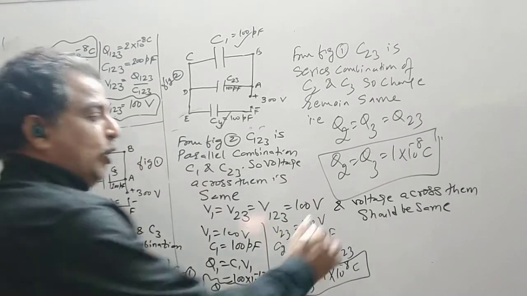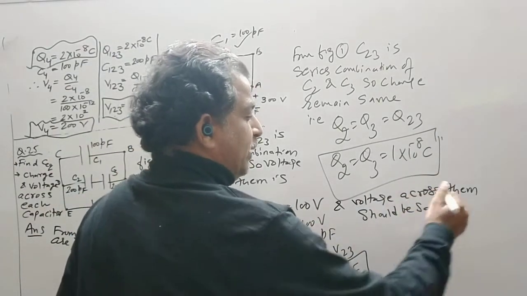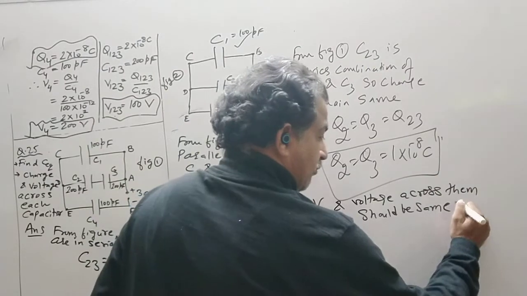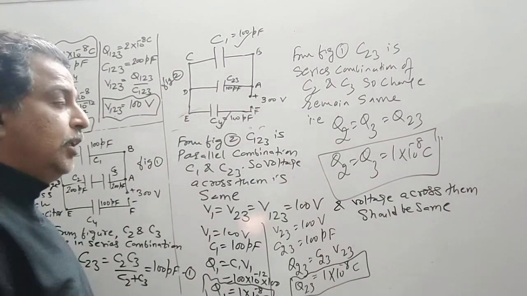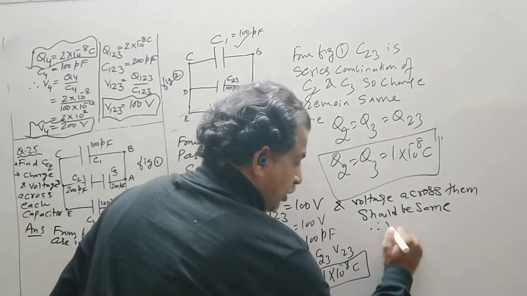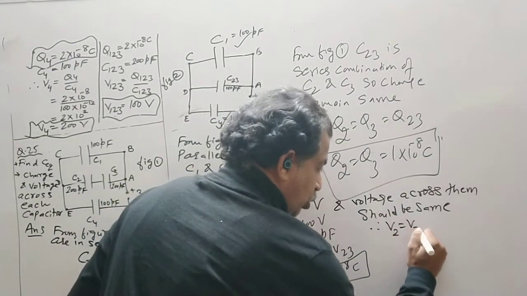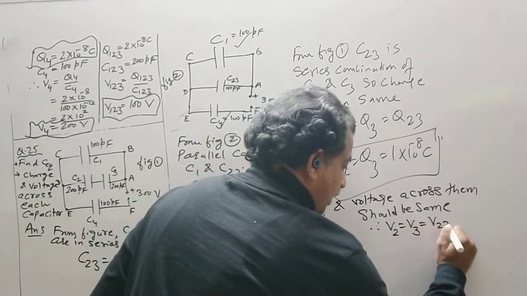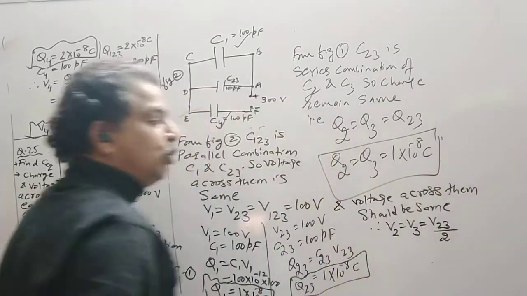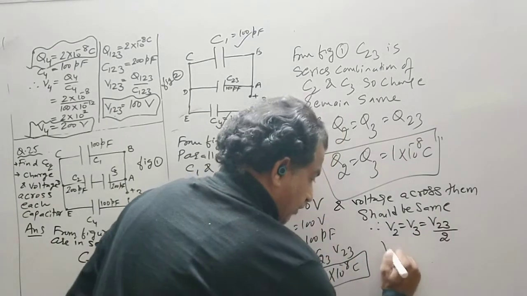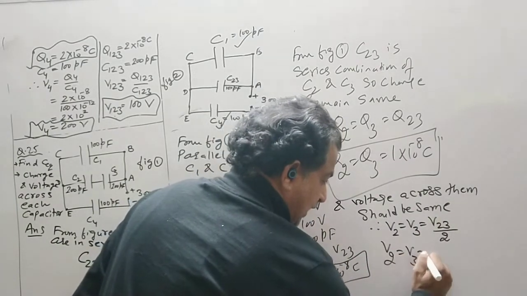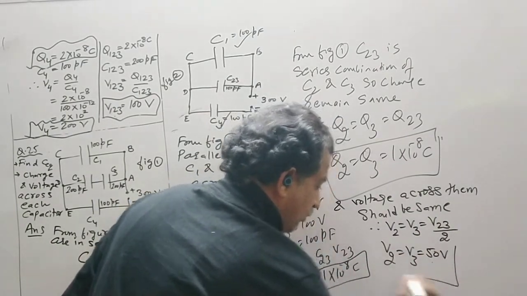But here the voltage across them should be the same. Why should it be the same? Because C is the same and Q is the same. Therefore V2 is equal to V3 is equal to V23 divided by 2. So V2 is equal to V3 is equal to 50 volt.